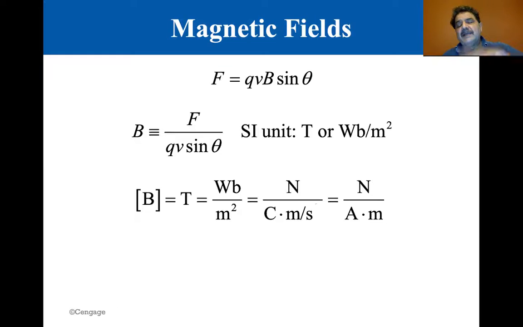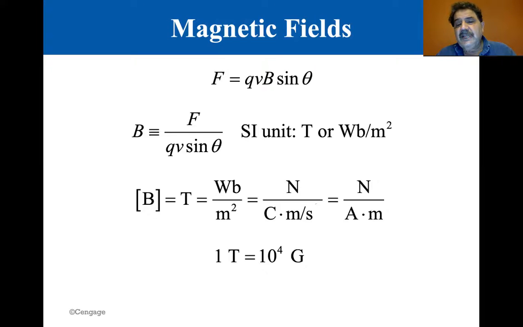It varies from -1 to 1. And since coulombs per second is amps, we can also define it as newtons per amp meter. So that's how we define the magnetic field. Tesla is what we use in the SI system of units.